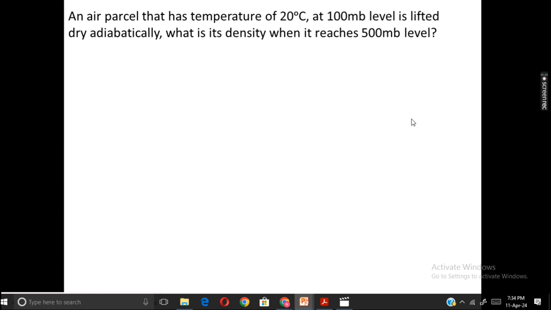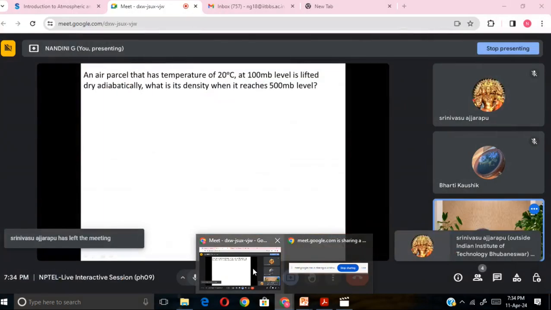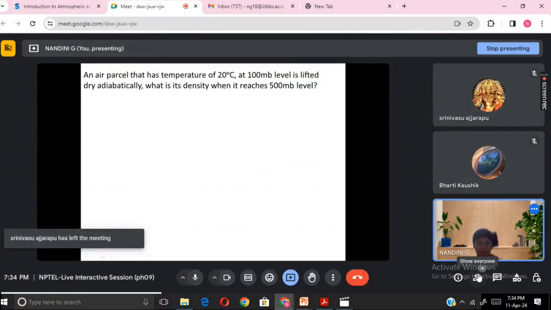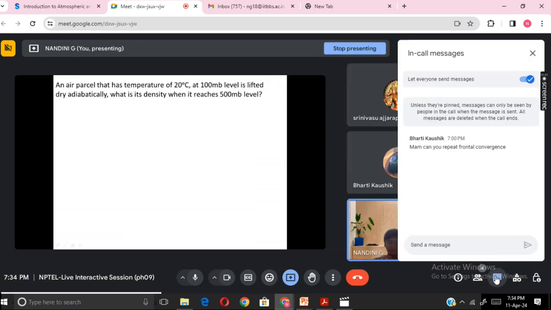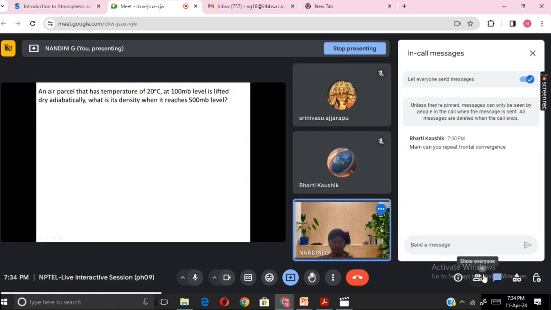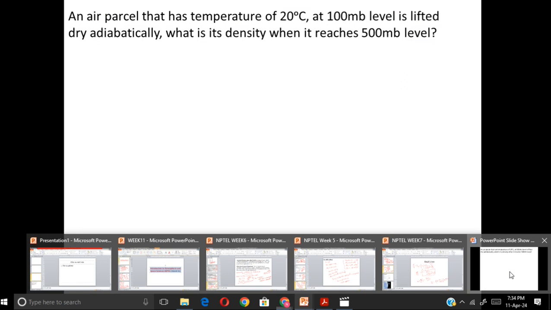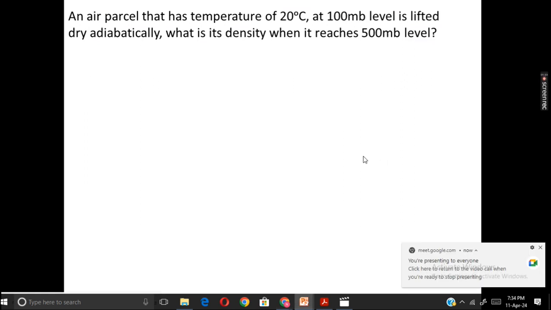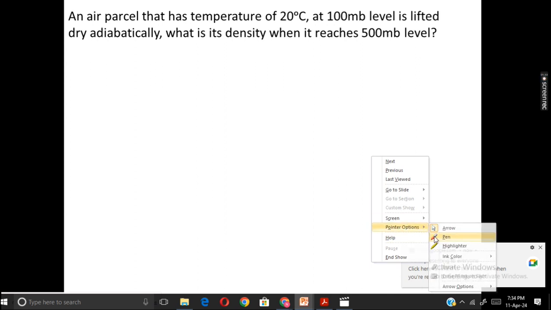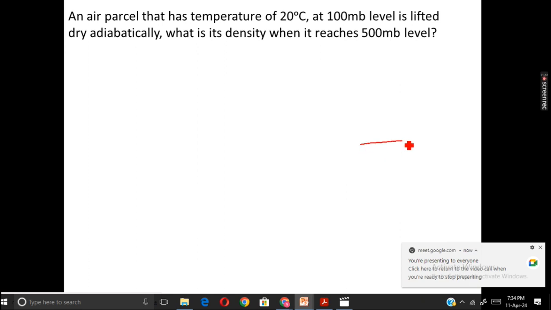So there is an air parcel which has a temperature of 20 degrees Celsius at the 1000 MB level.